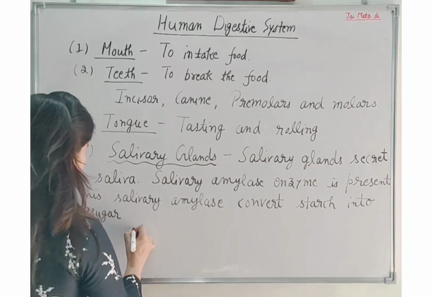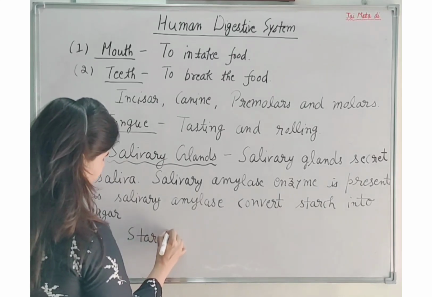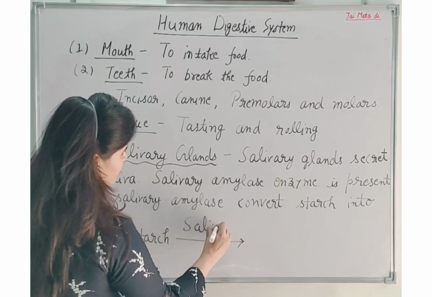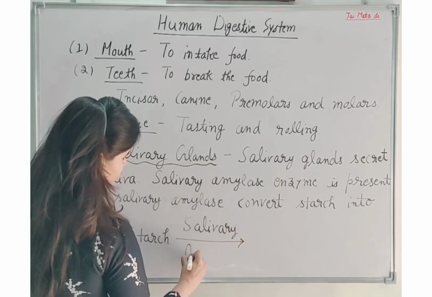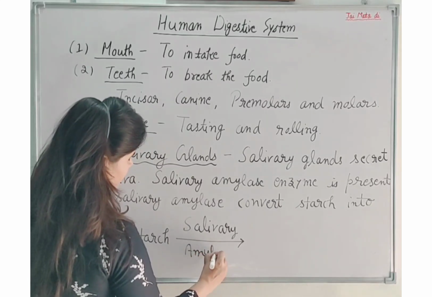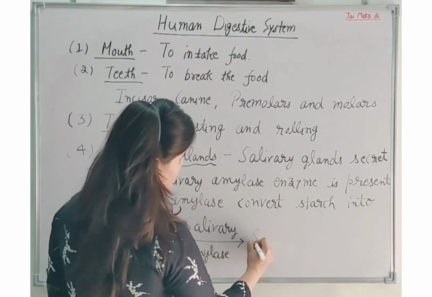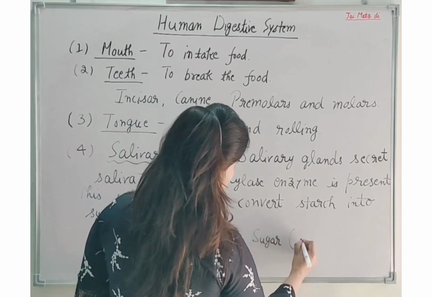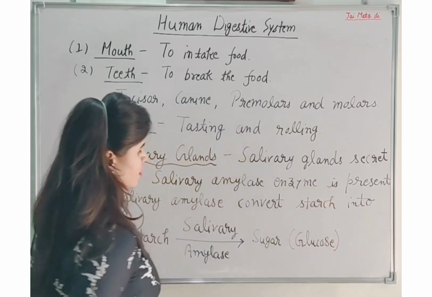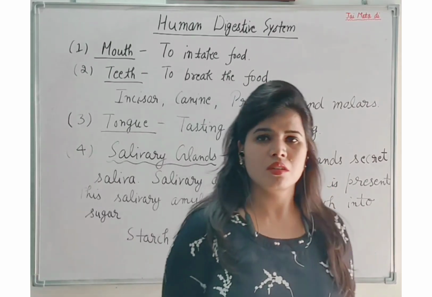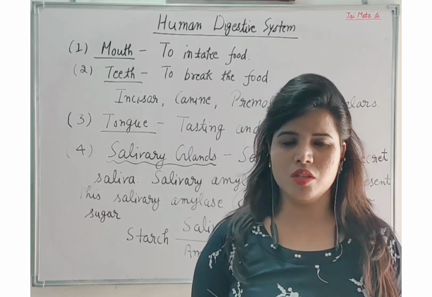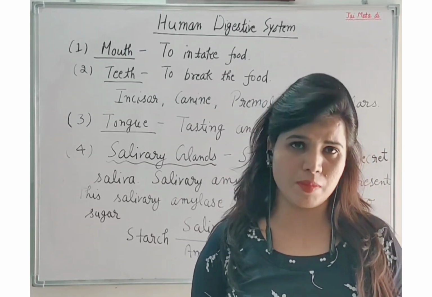Right? So starch, in the presence of salivary amylase, will convert into sugar, or you can say glucose. This is the reason when we chew chapati, we feel a sweet taste after chewing the chapati.